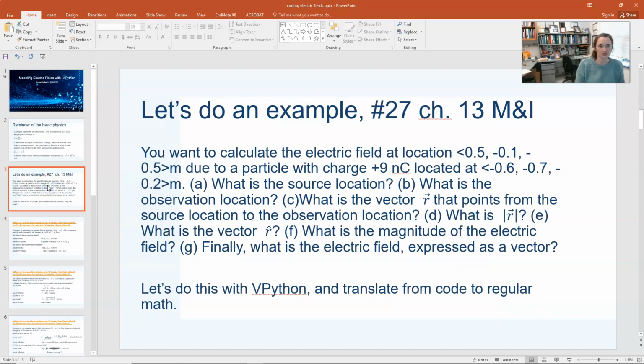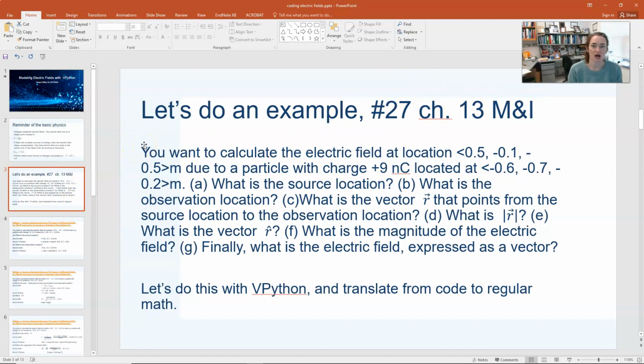All right, so let's just do a simple example first. I'm going to start off with just one charge, and then I'm going to show you how to visualize the electric field from that charge with an arrow. The problem I'm going to pick is number 27 in chapter 13 of Matter and Interactions, which is our textbook for this course.